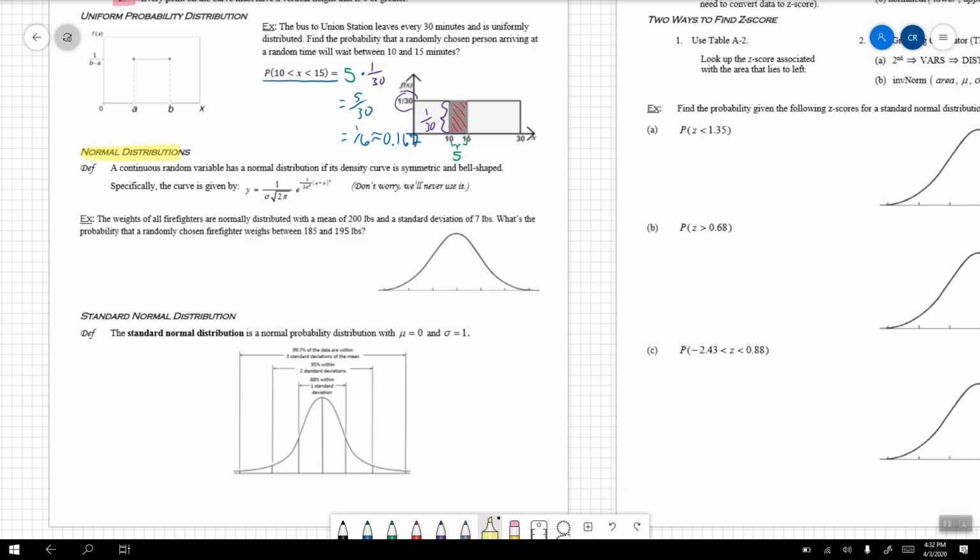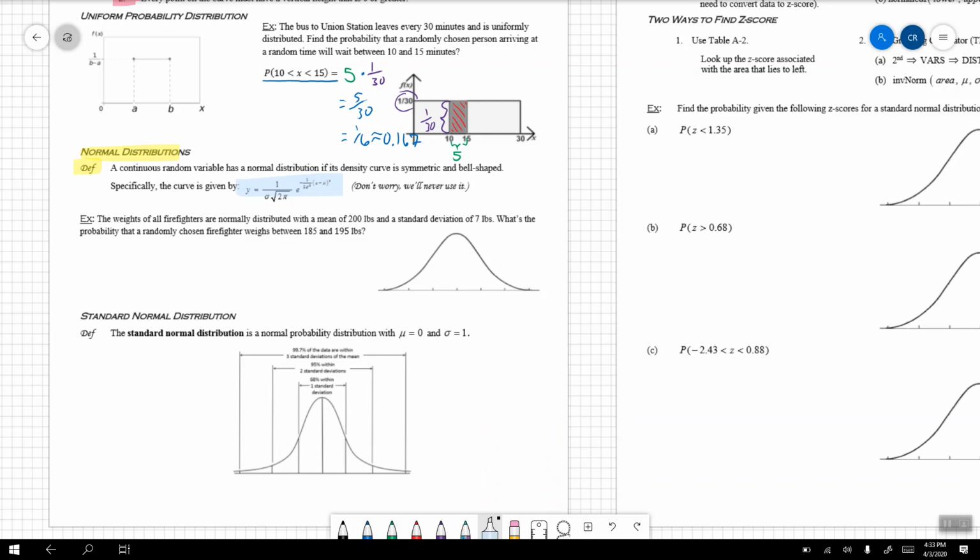A normal distribution basically says that we have a continuous random variable that has a normal distribution if the density curve is symmetric and bell shaped. All right. Now, they actually give us an equation for this. The equation that is given for this, I'm actually going to highlight in a light blue setting.